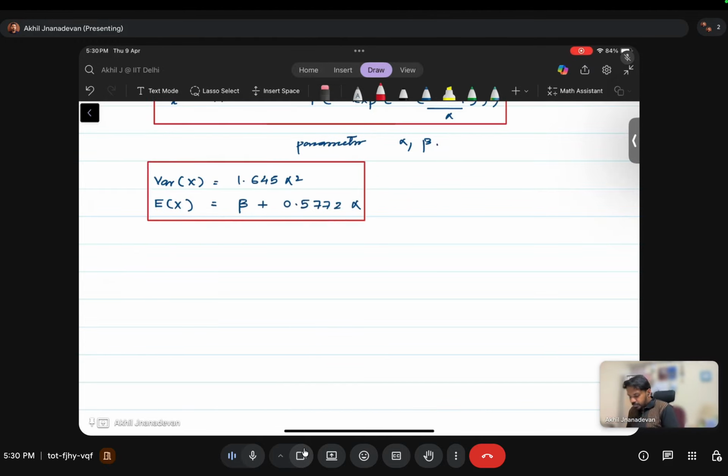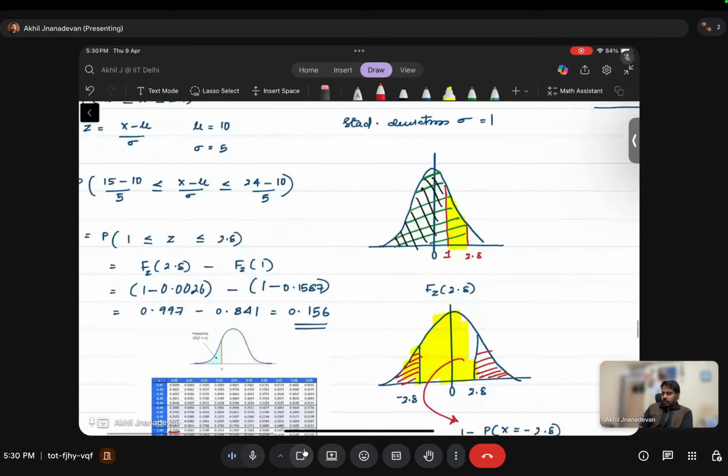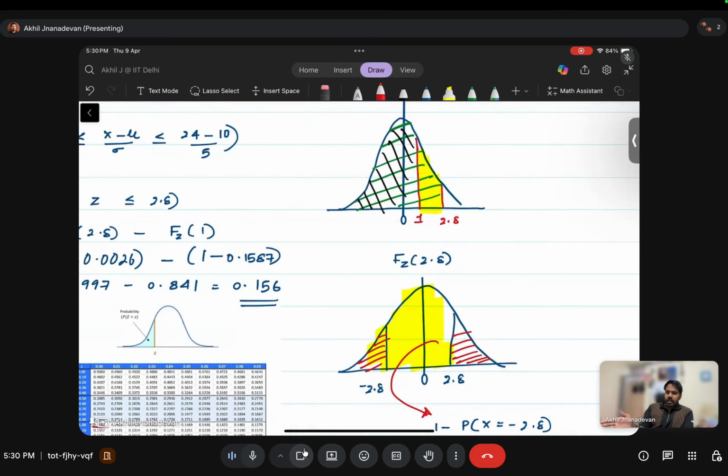Gumbel comes under the extreme value distributions. These are used to fit extreme values like the maximum discharge, which has rare occurrences. In a normal distribution, the tails, the extreme values, will have very small probability of occurrence, right?